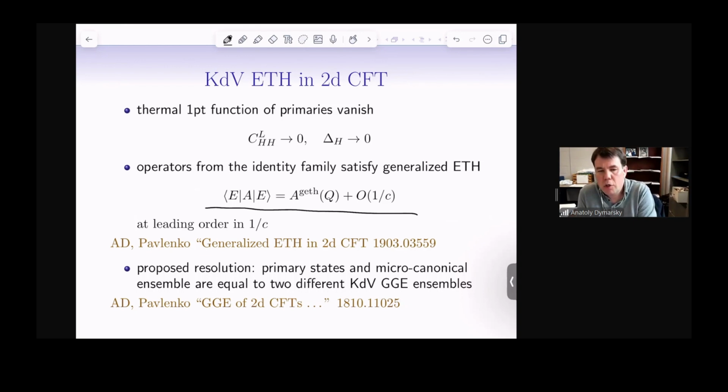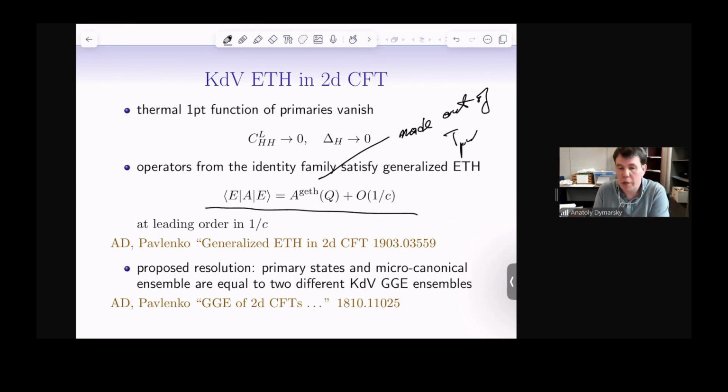And basically, if your local operator is a descendant of the identity, so it's something made out of T-minus, then you can actually find an explicit expression. It's a polynomial expression, which is a function of densities of the Q charges. In the first leading non-trivial order in 1/c, we were able to find those polynomials explicitly, and we were able to match those matrix elements to the smooth functions of Q.